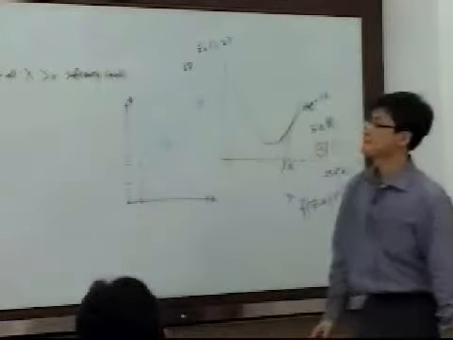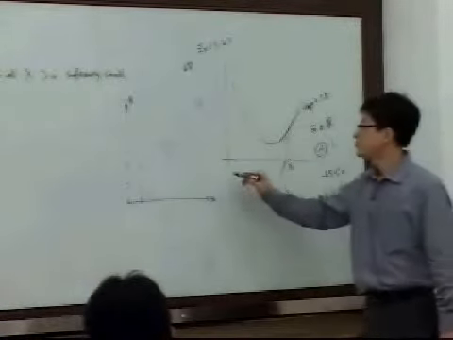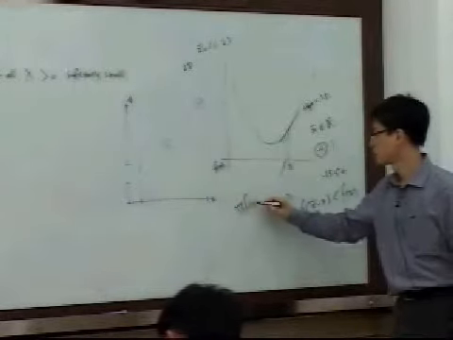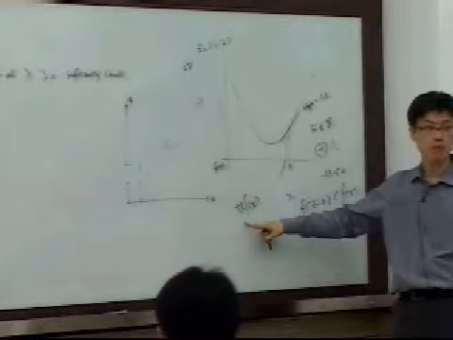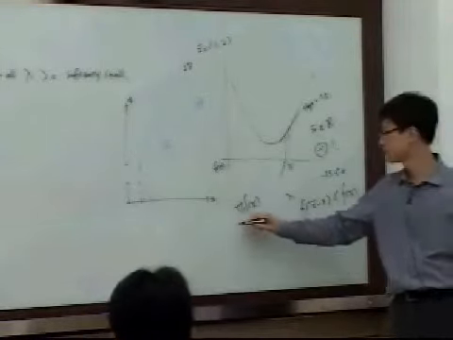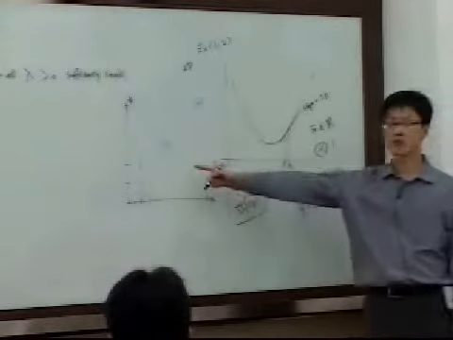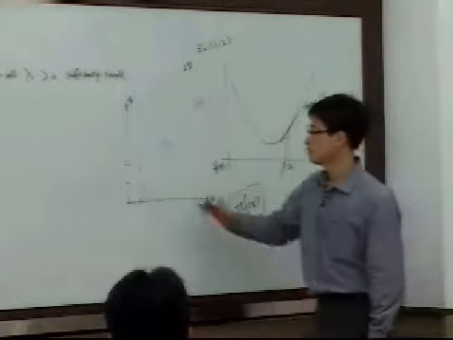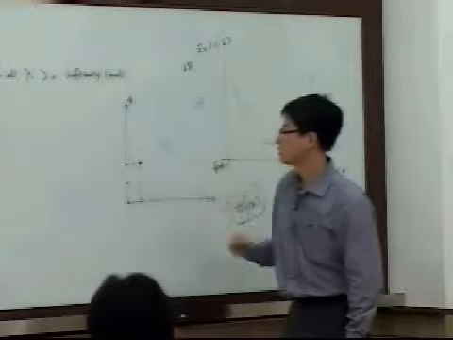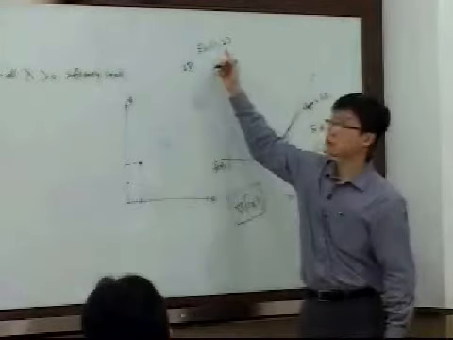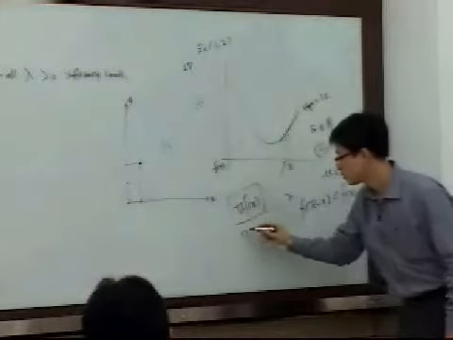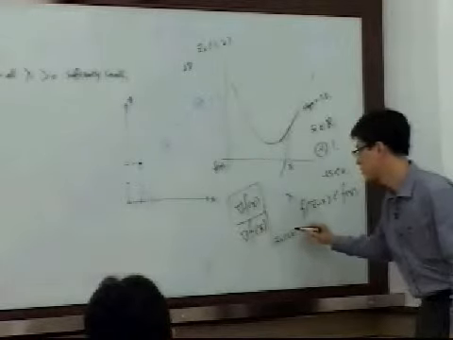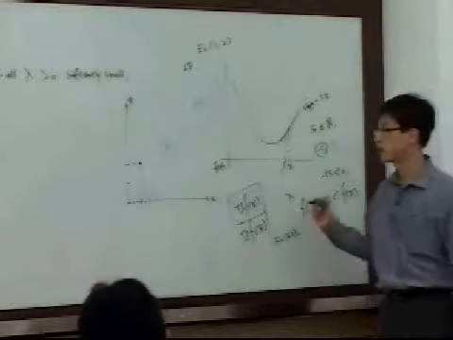Question. This is the gradient of f(x). Is this a vector or a scalar? Vector, right. Let's assume this is 1.2. Can you draw this vector, I mean the vector at this point?